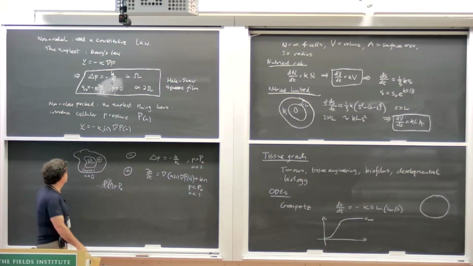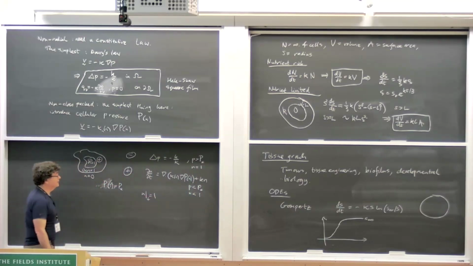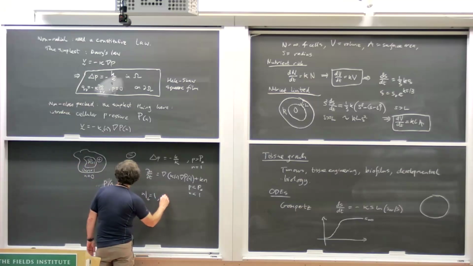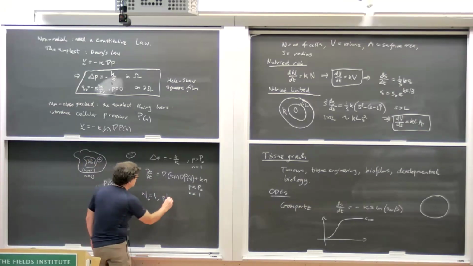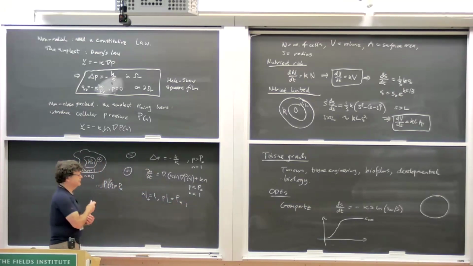And then on the interface, on the outer side of the more dilute region, n will be 1. On the edge of the close pack region, P will be P star. So they're fairly familiar setups.